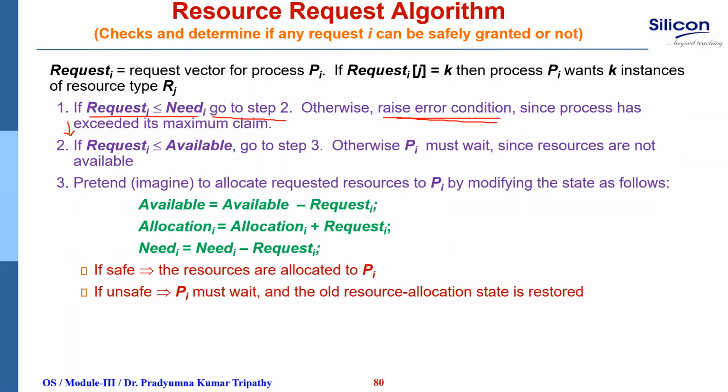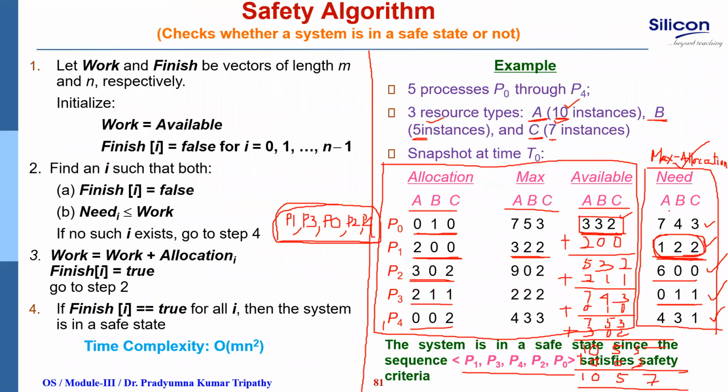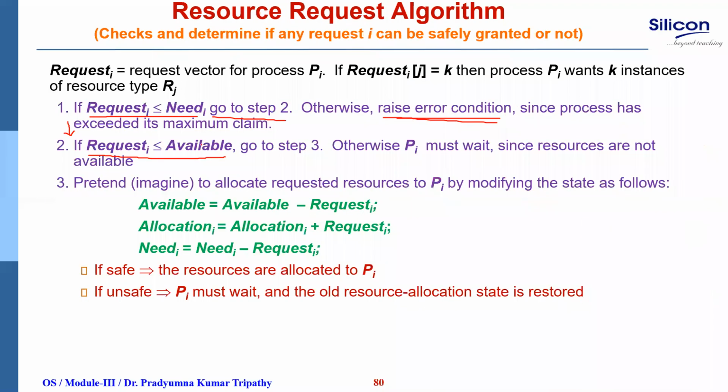Suppose request is less than need. Then we will check whether request is less than available or not. Suppose we are available with 332. We see whether this 332 is enough, that is, whether the number of instances it is requesting is available or not.